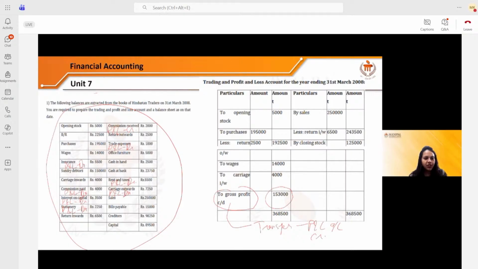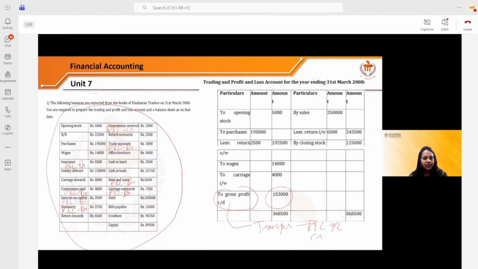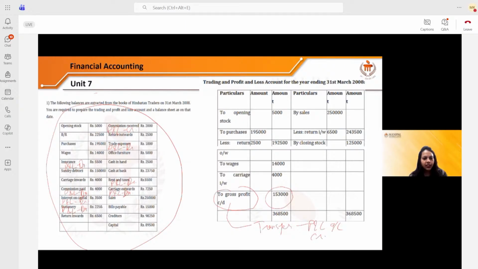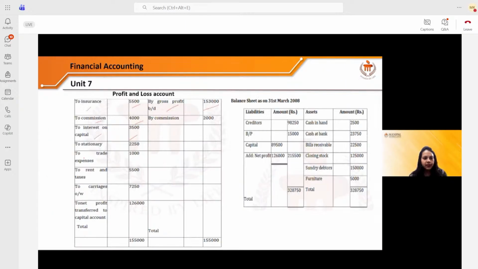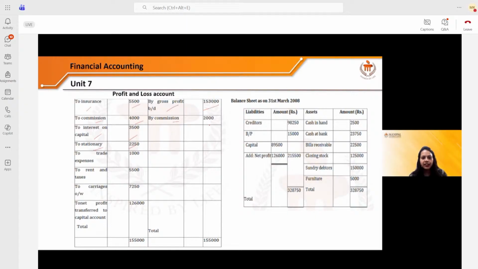Now, commission paid 4,000. Next, interest on capital 3,500. Stationery 2,250. Next, commission received, credit side 2,000.